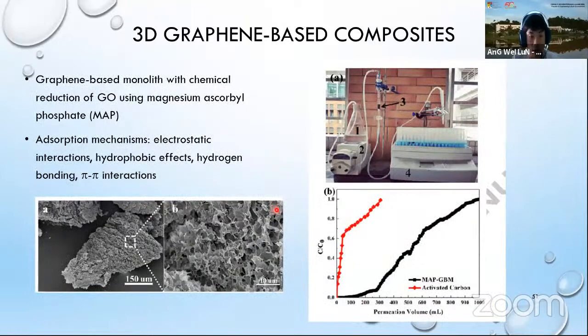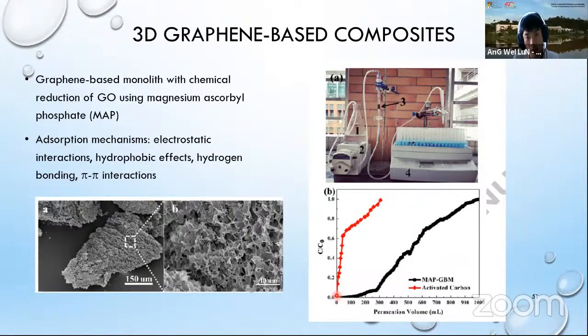And this is another case showing the advantage of our 3D graphene materials as compared to the activated carbon. Okay, so if you put it in the tube and then we pump the water through this layer of aerogel or hydrogel, you notice that this diagram shows the breakthrough curve of the adsorbent.